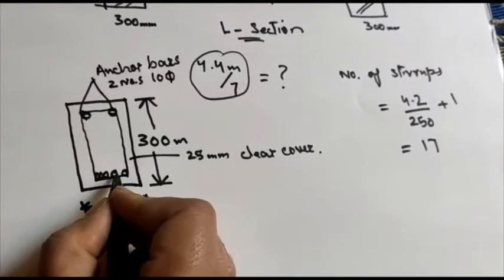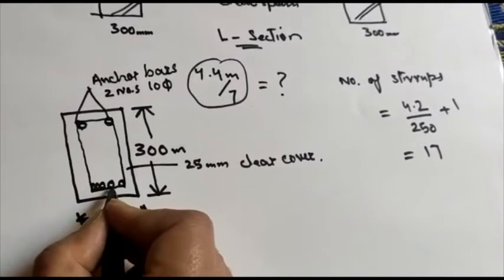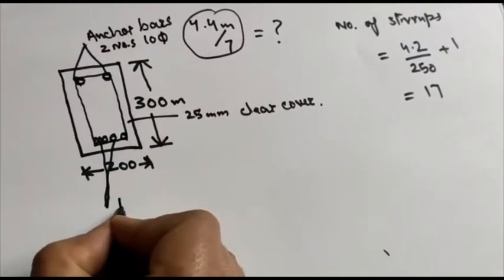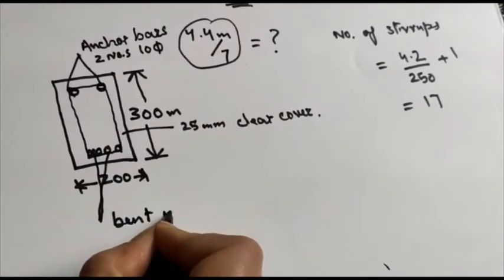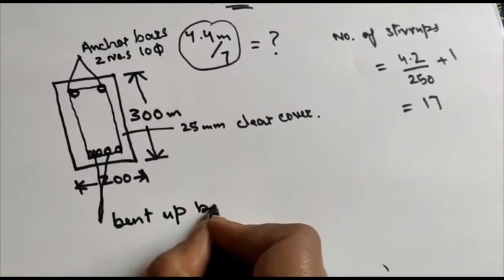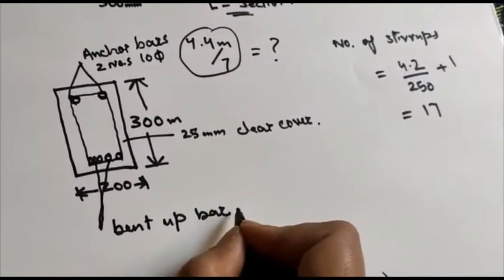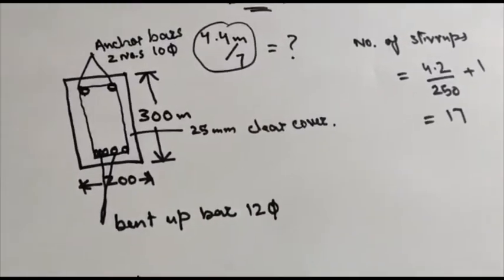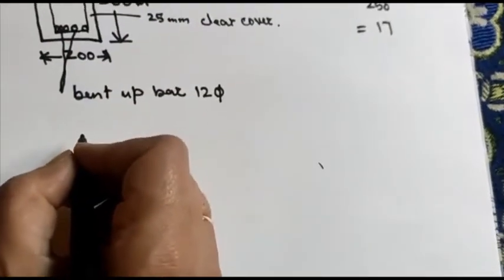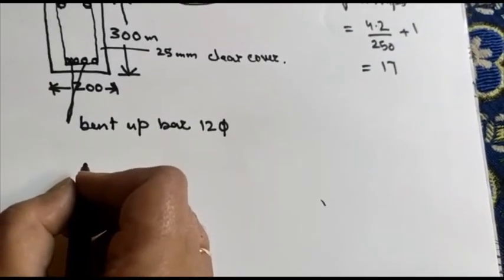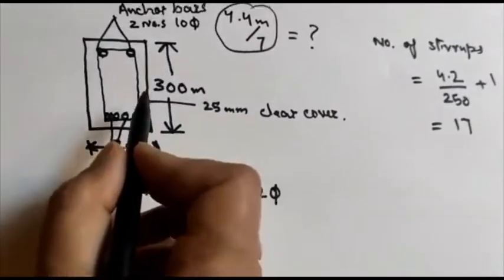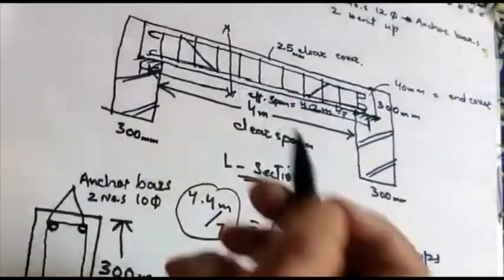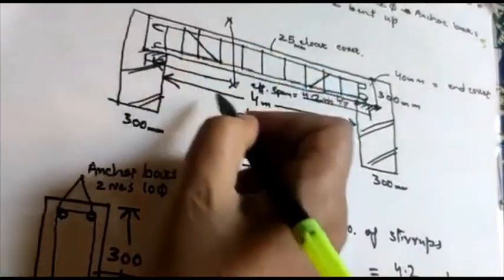Alternatively we use bent bars here, and these are bent bars here. Bars 12 mm dia. Now this is a cross section of this beam.